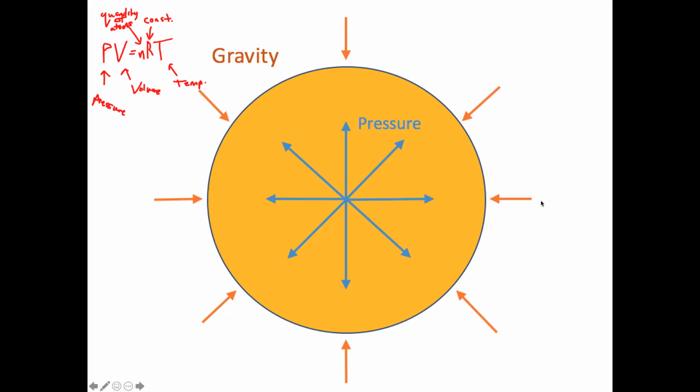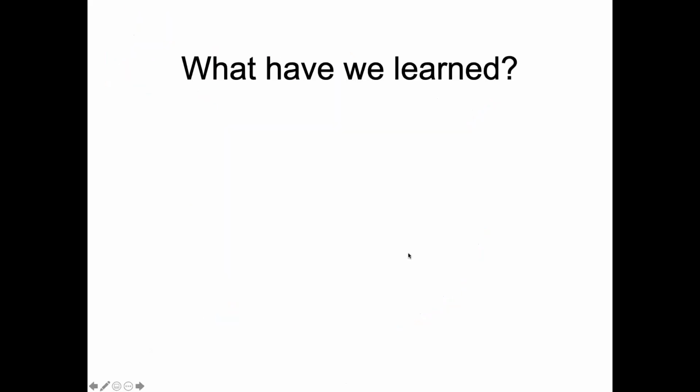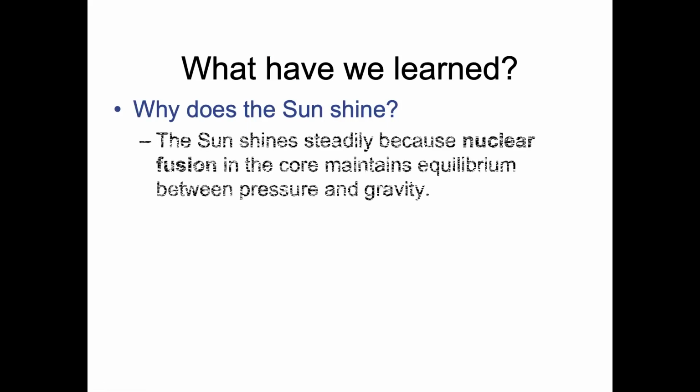All right, so let's just summarize a little bit about all the stuff I was just saying. All right, so what have we learned? Well, we know that the sun shines because of a nuclear process, specifically nuclear fusion. This is the proton-proton chain reaction, right?